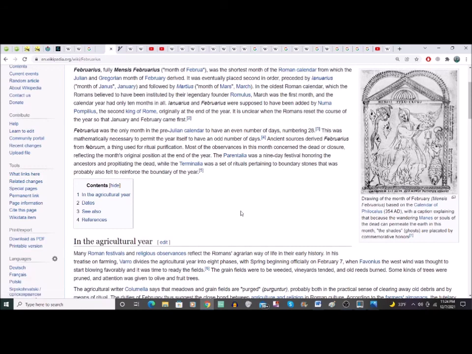There's Lent around that time of year, so people are fasting. It's all to do with purification before we get ready to start the new year, before we go into spring, we have this purification time.